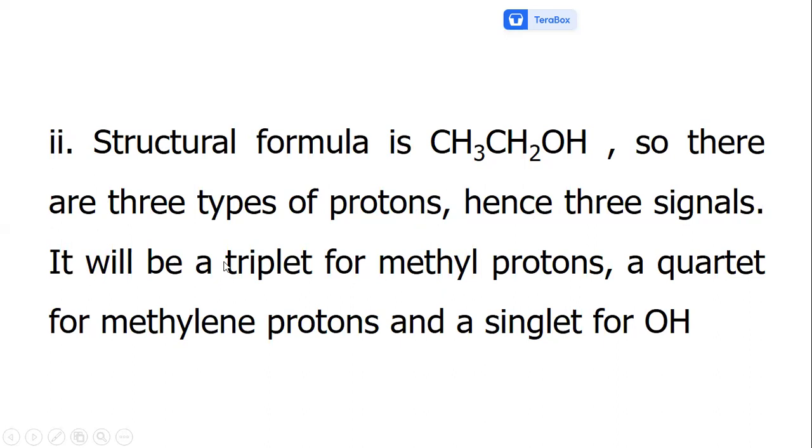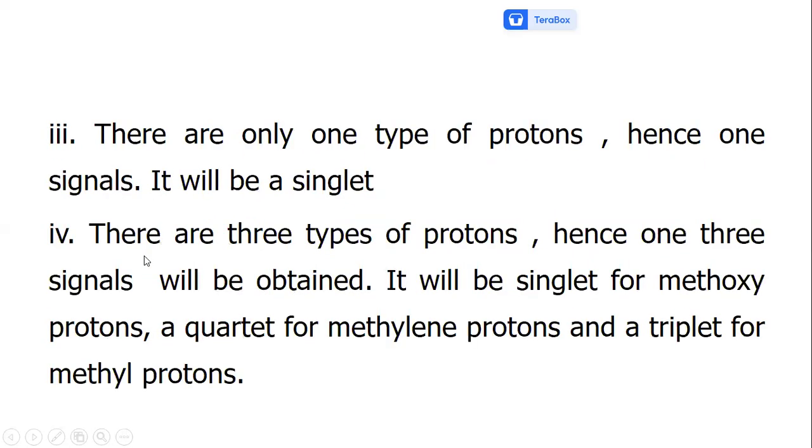Hence three signals: a triplet for methyl protons, a quartet for methylene protons, and a singlet for hydroxy protons. In the next there is only one type of proton, hence one signal, and it will be a singlet.